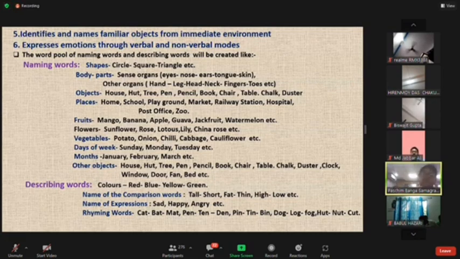This rhyming, whenever we are preparing this word pool with rhyming words, we must be concerned about the sequence of the vowels. That is cat, bat, mat. Here we are using the A. And after completing this series, we will introduce the other rhyming words where the A will be in a different sequence.